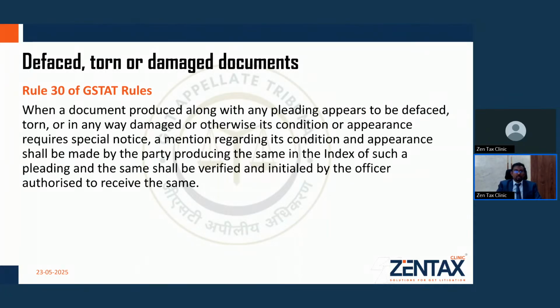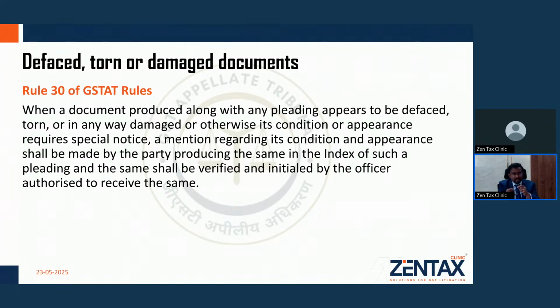Rule 30 very clearly provides that where a document produced along with the pleading is defaced, that is not of proper color, very faded, torn, or in any way damaged, so that it requires a special notice, then it is extremely important that the person producing such a document makes a special mention. What is a mention?